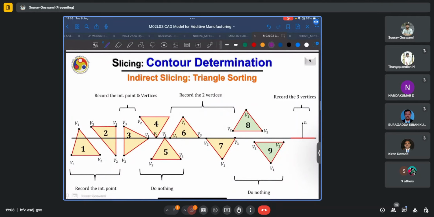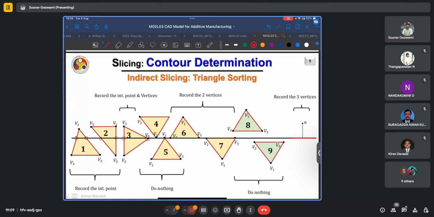Several scenarios might arise when a plane is intersecting a triangle, and here the plane is represented only by a straight line. The plane, say, goes into and comes out of the surface of the slide. Depending on the case, you might have 2 points of intersection of the plane with the sides of the triangle, or the plane might coincide with one of the vertices and have another point of intersection.